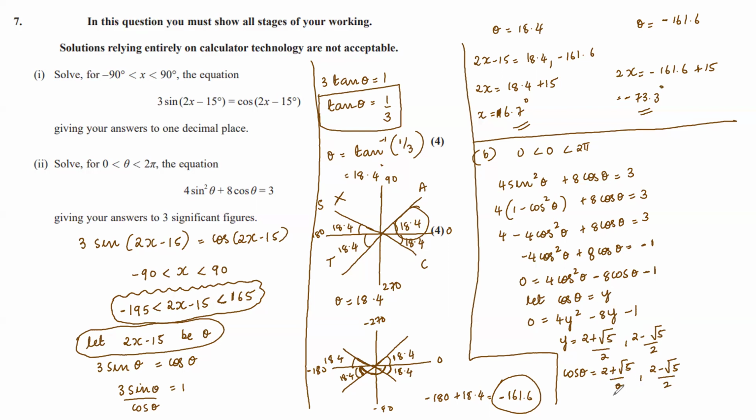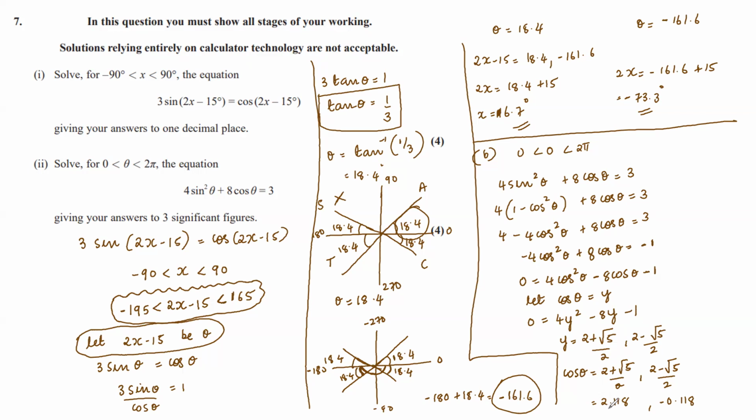Let's find the decimal value. (2 plus root 5)/2 is 2.118 and (2 minus root 5)/2 is minus 0.118. Now cos theta, we know that the maximum value for cos theta is 1 and the minimum value is minus 1.